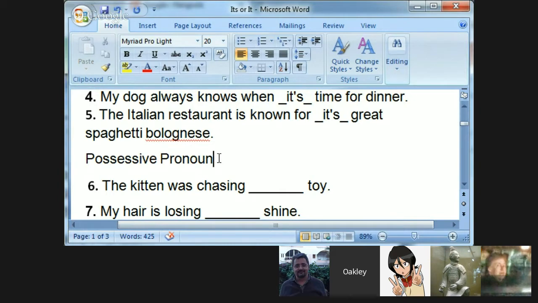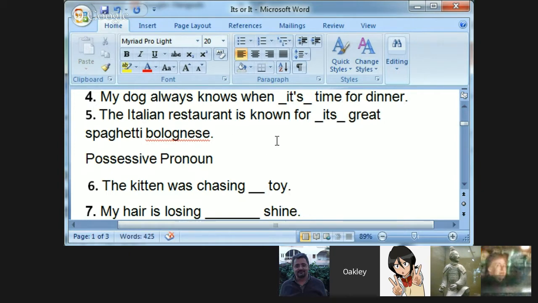Even I can make mistakes. All right. Pardon, the last one, is it possessive or contraction? I'm sorry, I miswrote it. See, I make 2 mistakes.